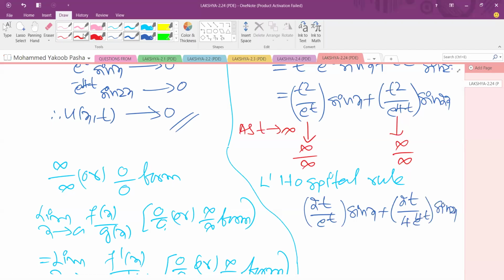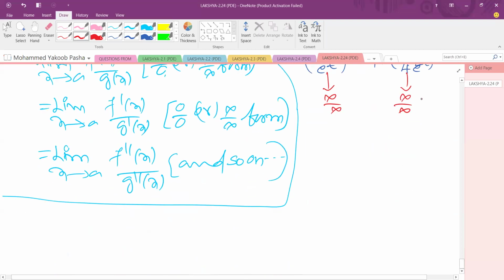Again it is in the form of infinity by infinity as t tends to infinity.